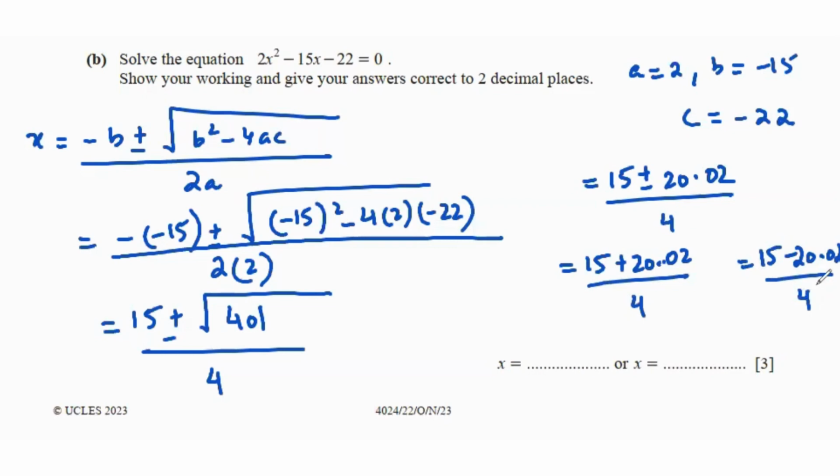So that's going to give us 8.76 for one value, and for the other value we're going to have 15 minus 20.02 divided by 4. That's negative 1.26. That's your answer.